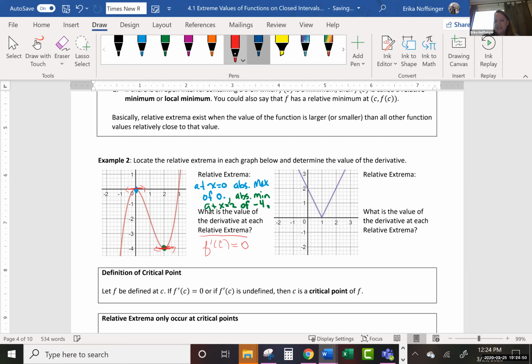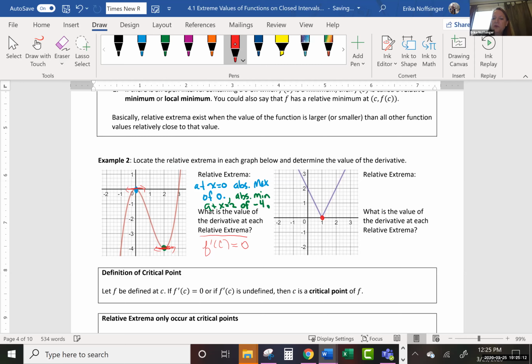So look at the other graph. That looks like an absolute value function shifted over to the right one. Notice that it does have an absolute minimum, right? There is a place where the value is the smallest.